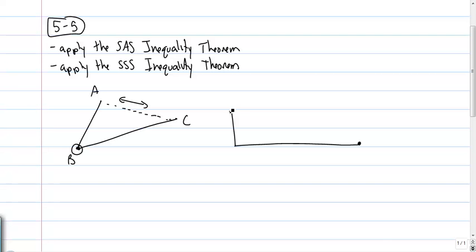For example, if I opened it up, let's say this is A, B, and C, and I made this angle bigger, this third side is going to be longer. Similarly, if I took these pair of sticks and moved this angle in smaller, the length of AC is going to end up being smaller as well.